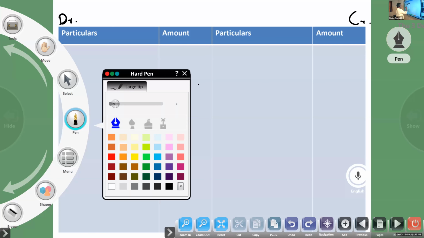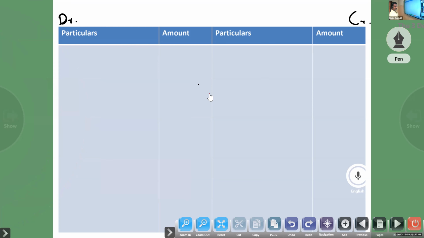So those who have any doubt related to final accounts with adjustments, today you can call and ask. Trading and profit and loss account.